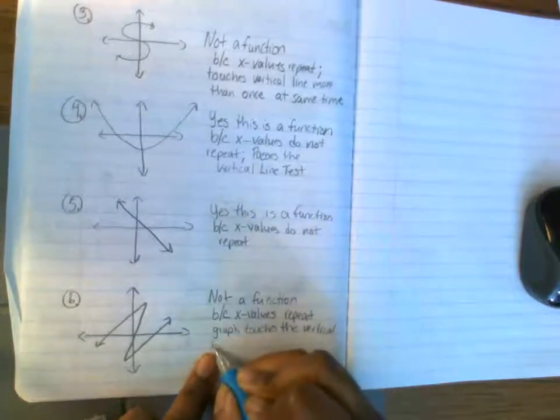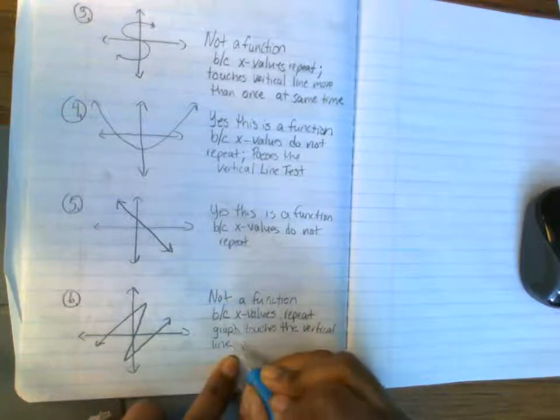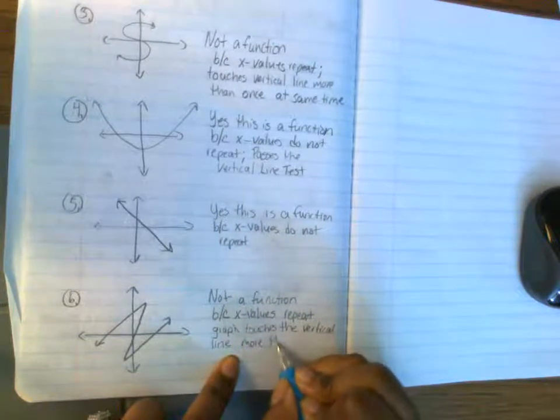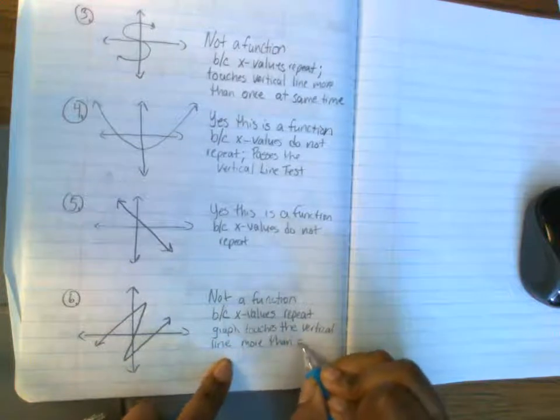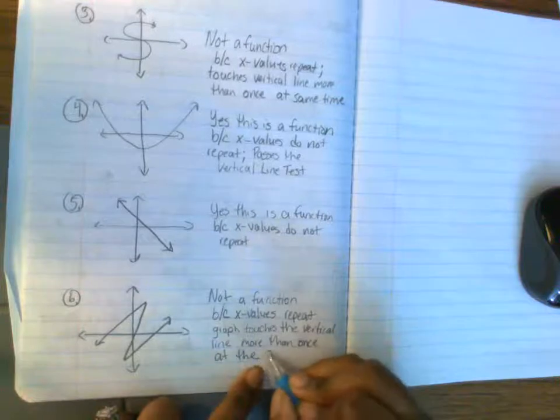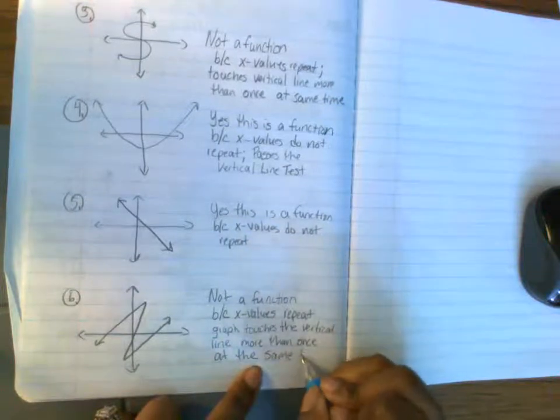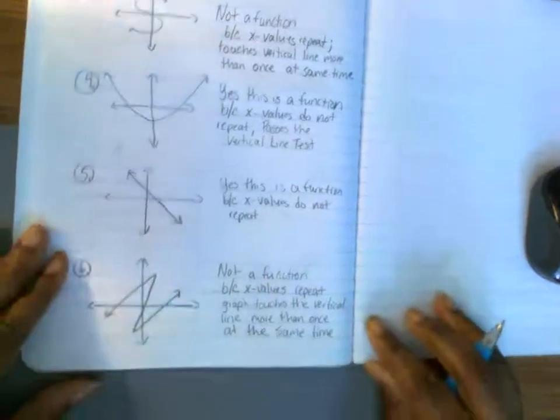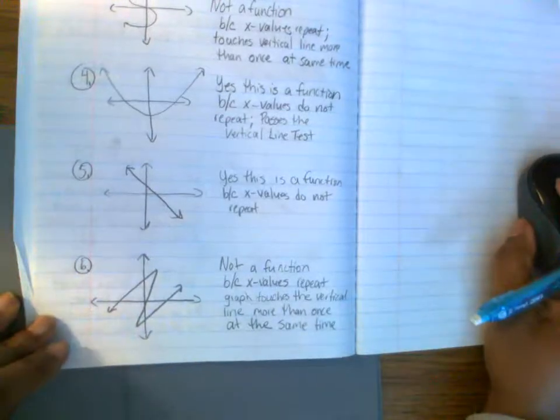Touches the vertical line more than once at the same time. Okay. Make sure that you have this copied.